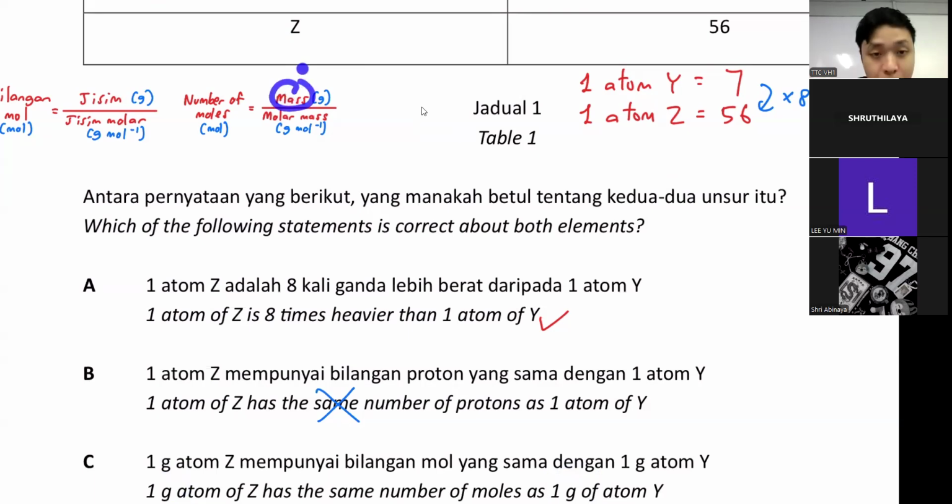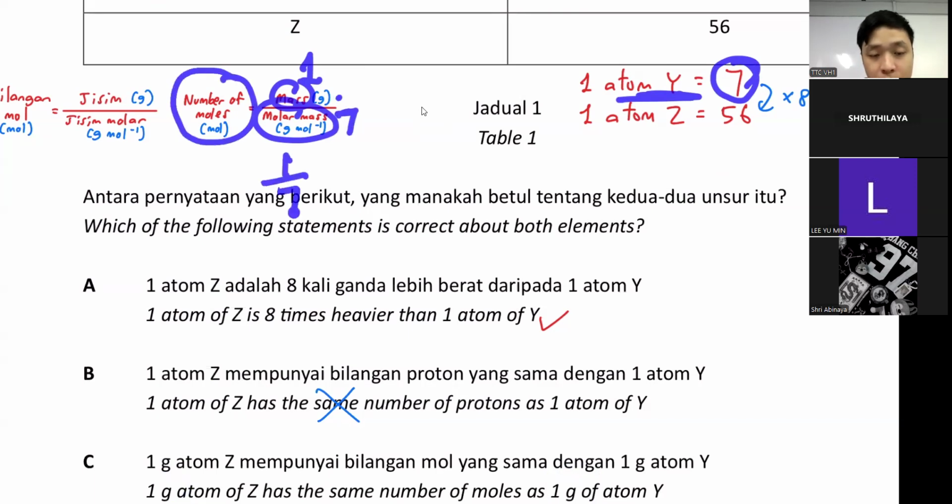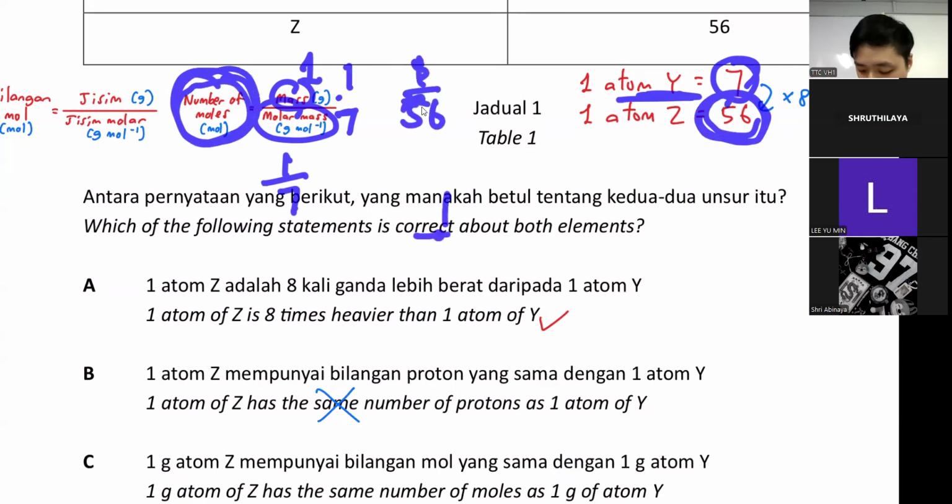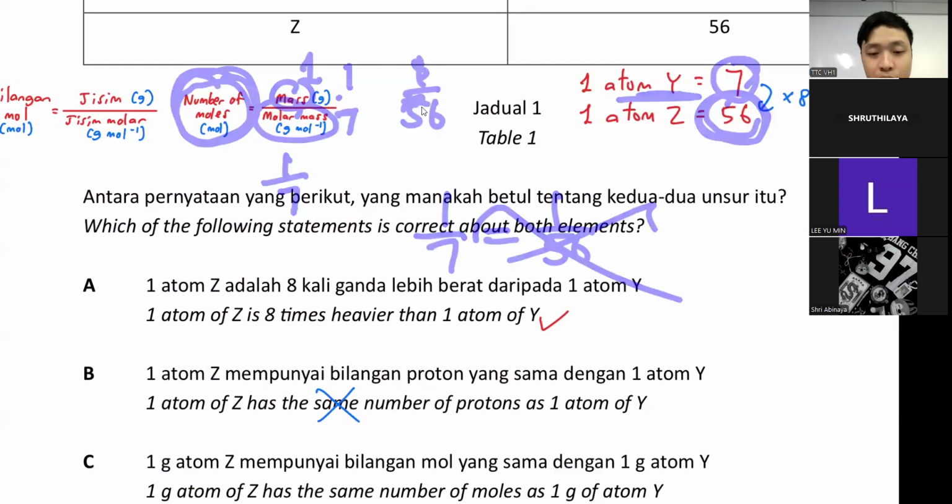If you put the mass as 1, let's say I put for Y, you see, the molar mass for Y is 7. So your number of moles you get is 1 over 7. If this one is 56, you get 1 over 56. Of course, do you think the number of moles is the same? Do you think 1 over 7 equals 1 over 56? No. So it's not possible.